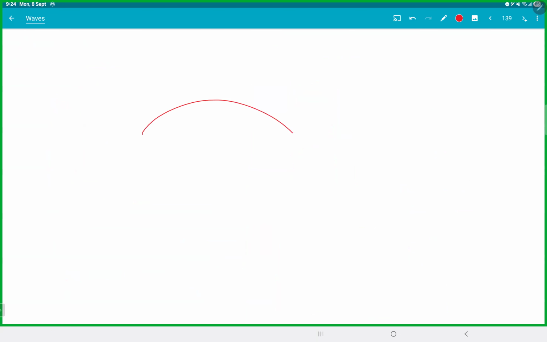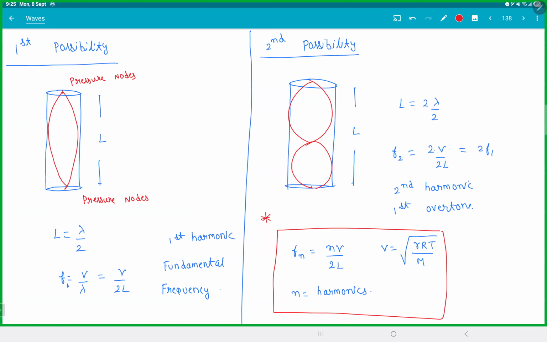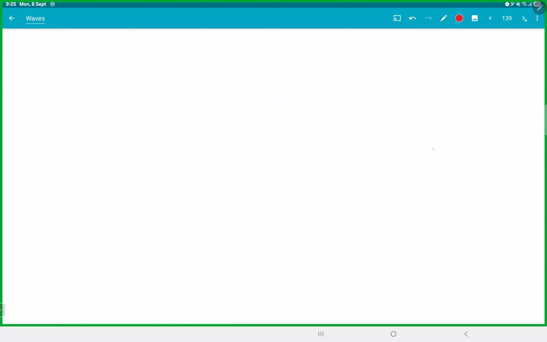these are different positions of the string. But in sound waves, you're still drawing the same way. So what the hell is this exactly? This is not the position of a string. So what we are drawing is a graph between delta p versus x.